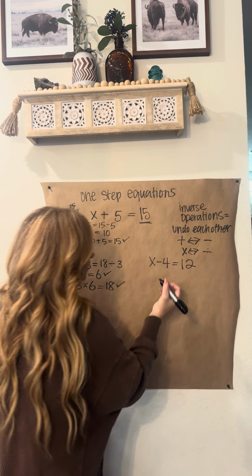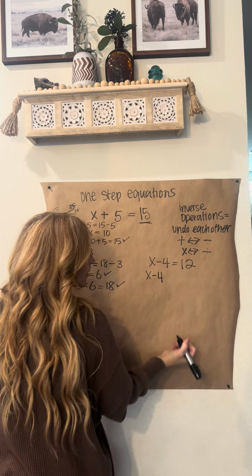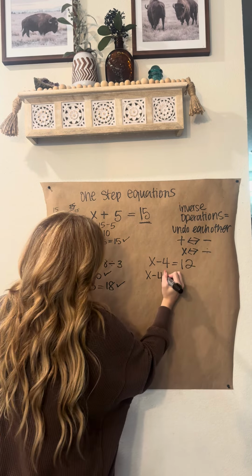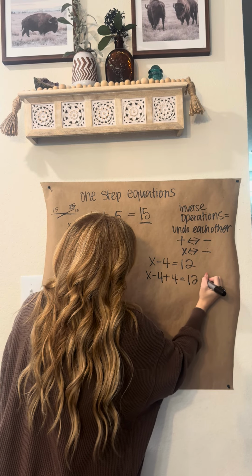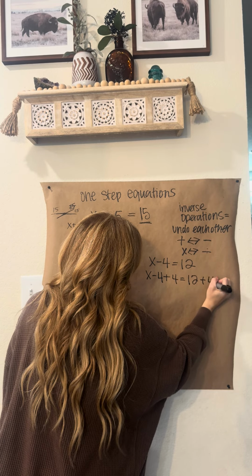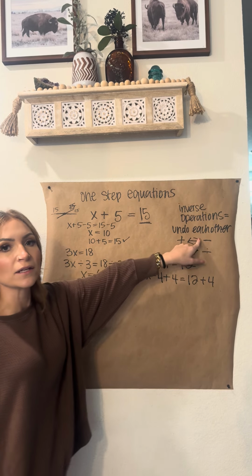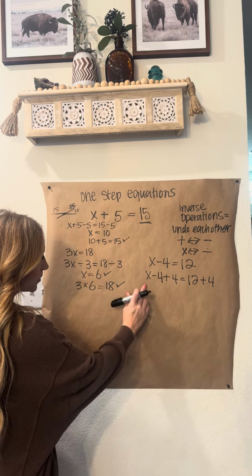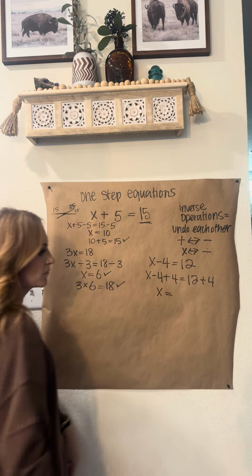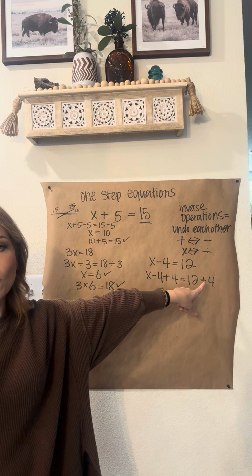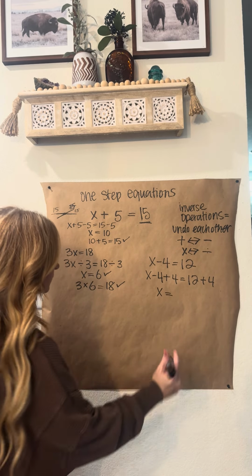So x minus 4, inverse operation plus 4 equals 12 plus 4. So inverse operations, these are gonna undo each other. So we're gonna be left with x equals 12 plus 4. What is that, everybody? 16, right?